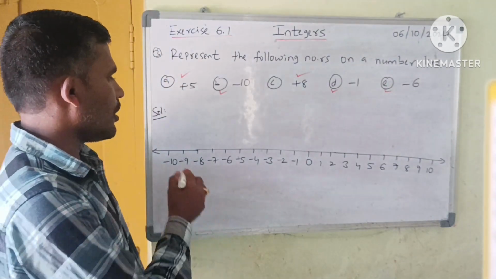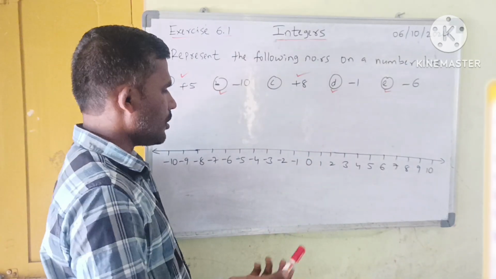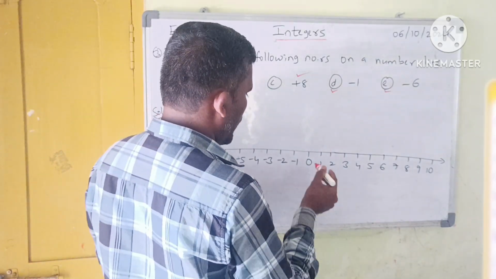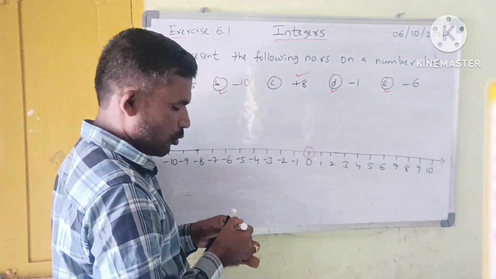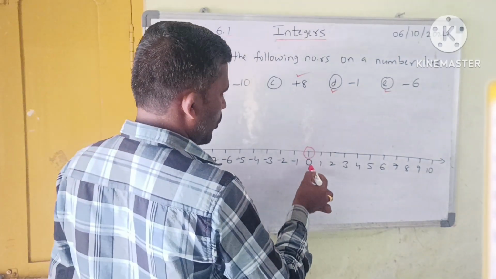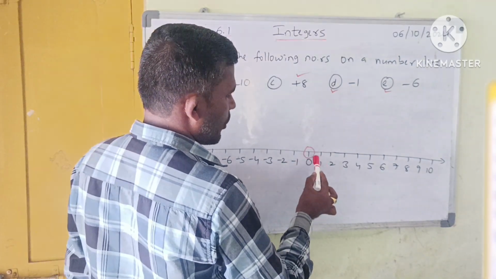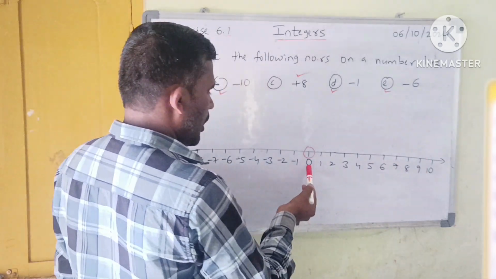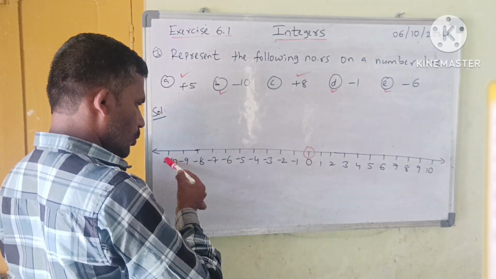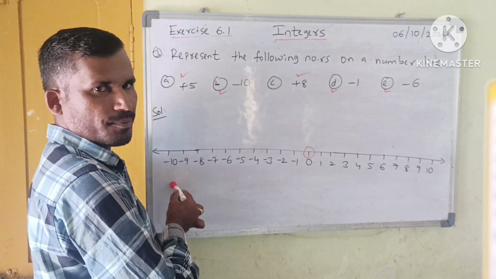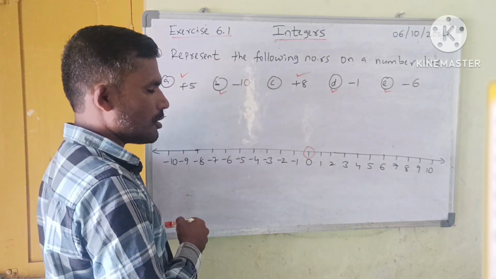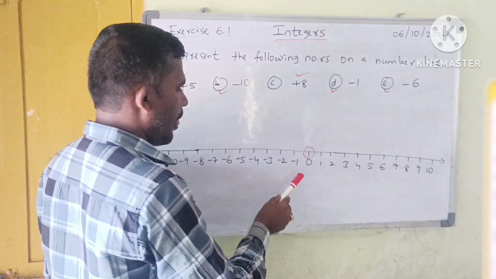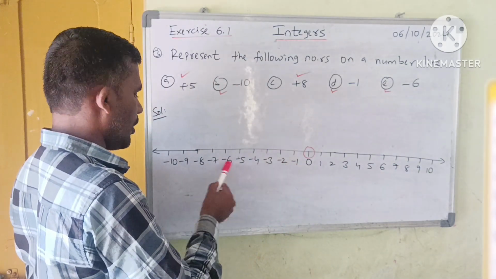So for this I am taking one line. Horizontally we have taken it, and in the middle of the line I have taken the origin O, and at O we put 0. To the right side of 0 we take positive integers, and to the left side of 0 we take negative integers. 1, 2, 3 and so on, -1, -2 and so on.